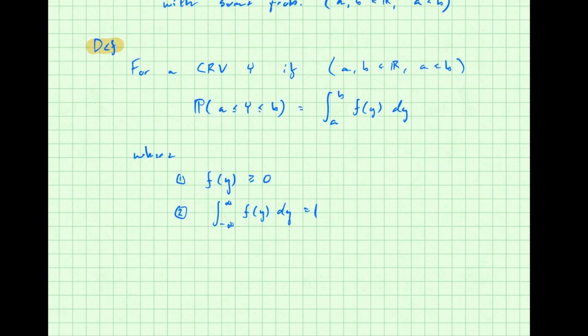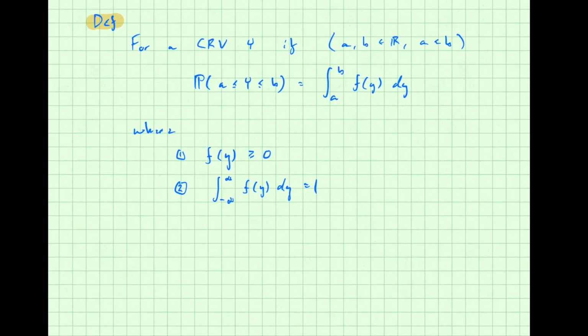So 2 again has the name normalization or honesty condition. So if these things are true, then f of y is the probability density function. That's the definition of probability density function.